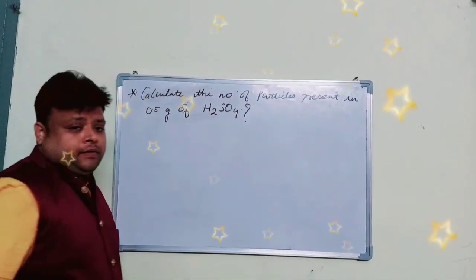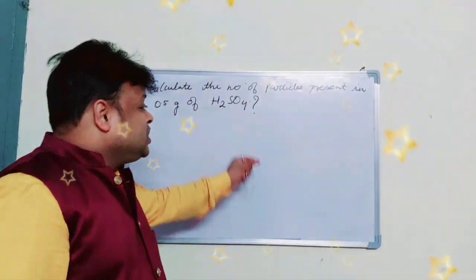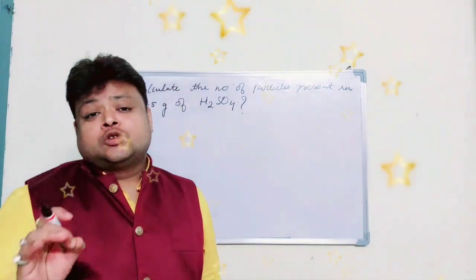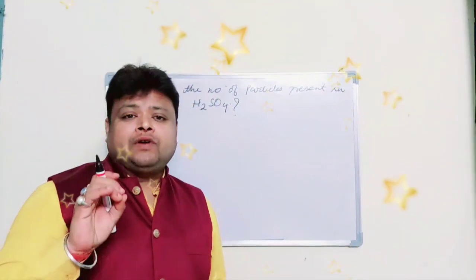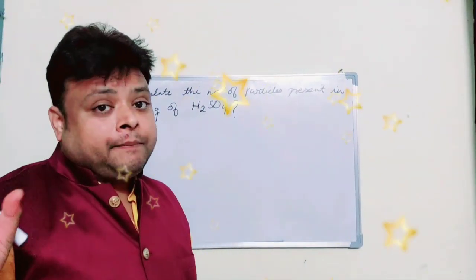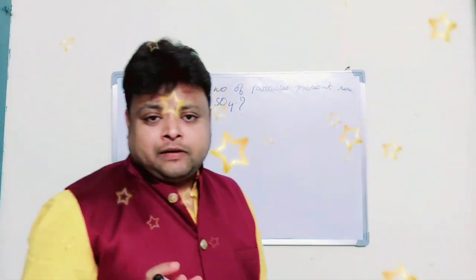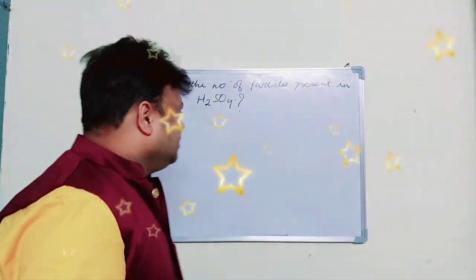How many particles are there in 0.5 gram of H2SO4? Okay, 0.5 ग्राम H2SO4 में कितने पार्टिकल्स हैं? यहां मोल नहीं निकालना है, हमें पार्टिकल्स, आयंस या एटम्स निकालने हैं. Is it clear? So let us start.